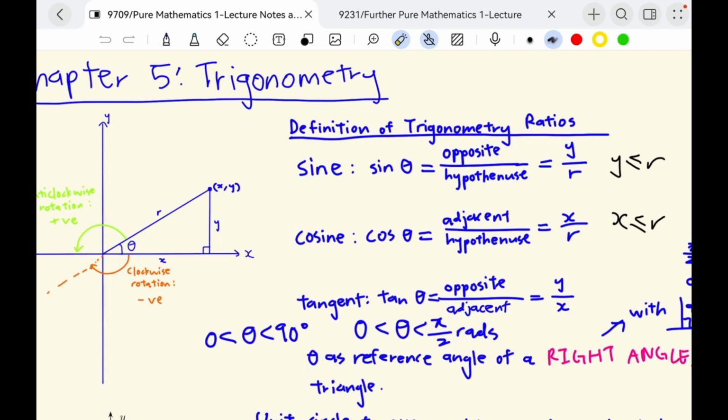Here is the sole reason: because it has the hypotenuse in the denominator and the vertical distance, or opposite side, in the numerator. So the condition is that y can be at most r in magnitude.